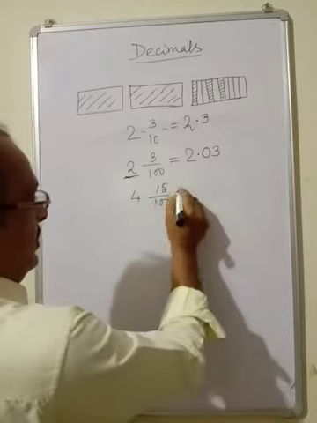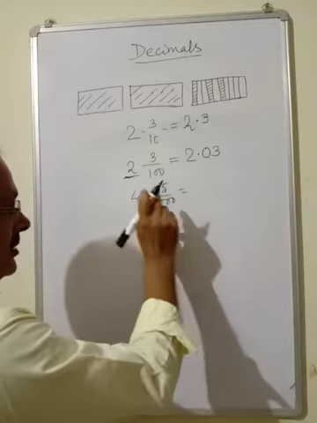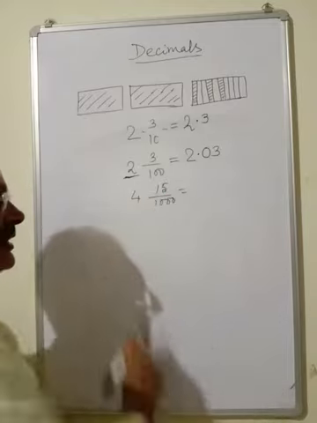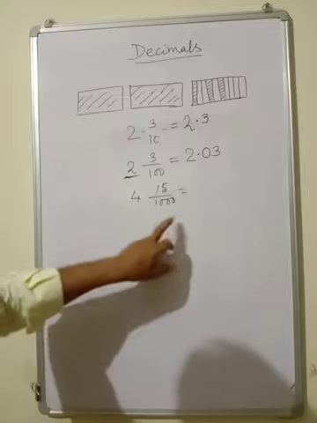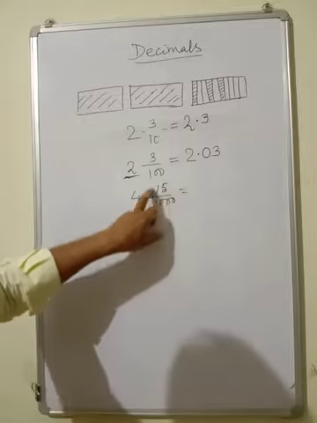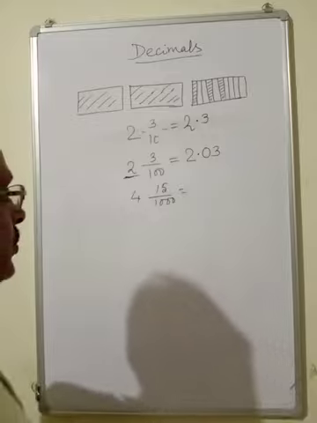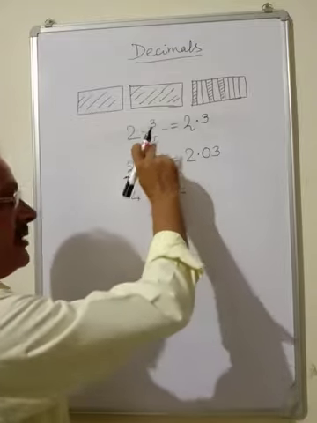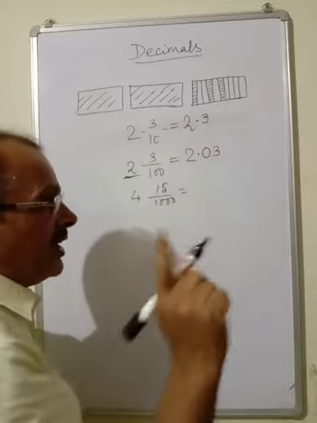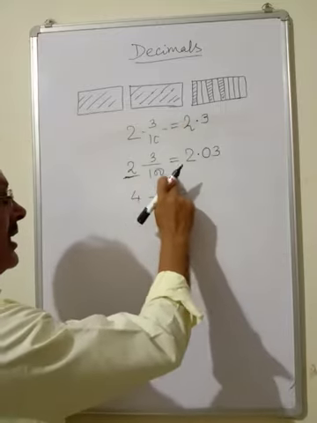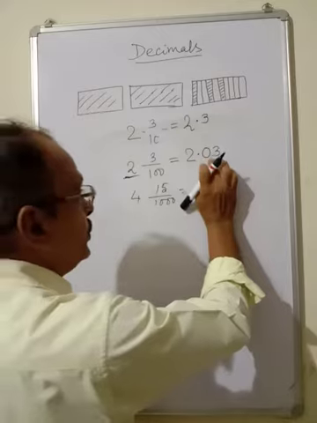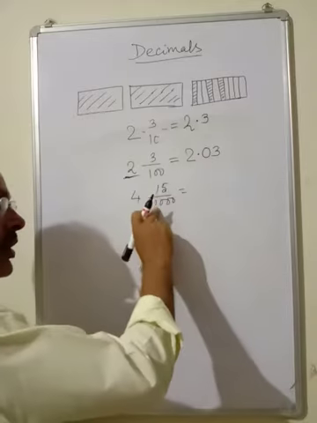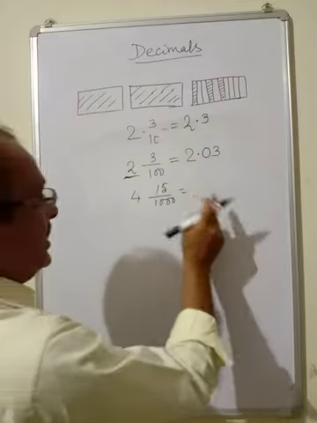Now suppose 4 whole 15 by 1000. Now this 1000 will decide that out of 1000, you have taken 15. So what to do? Be sure: if the denominator is 10, after the point 1 digit. If the denominator is 100, after the point 2 digits. If the denominator is 1000, after the point 3 digits.